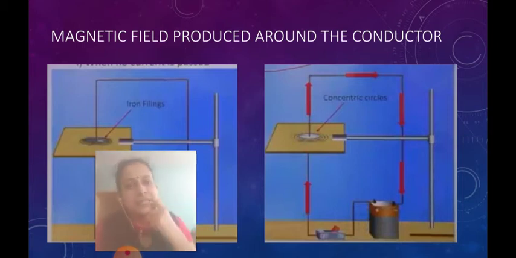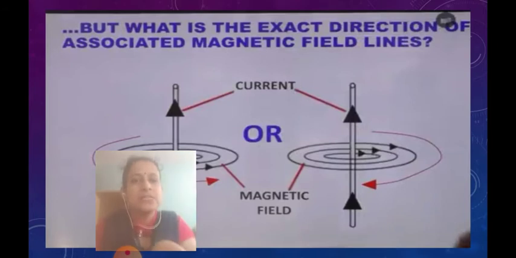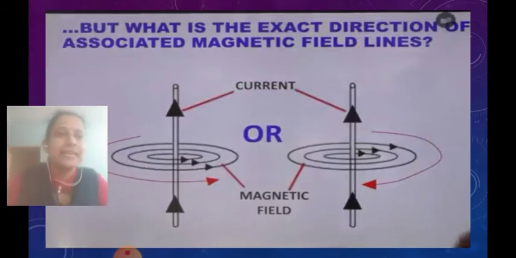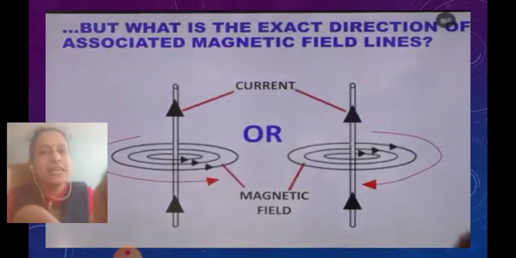So the magnetic field direction also can be either in the clockwise direction or in the anti-clockwise direction, right? So it will be in this manner, like this, correct? So what is exactly then the direction of the magnetic field?